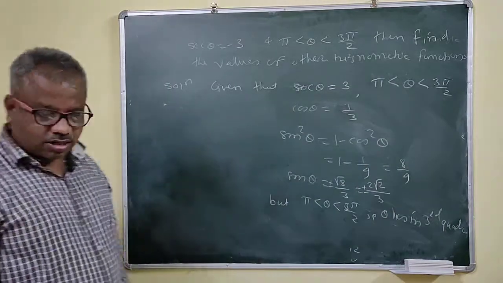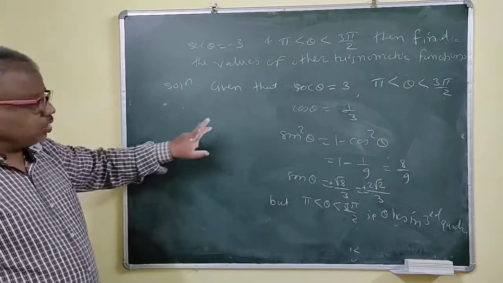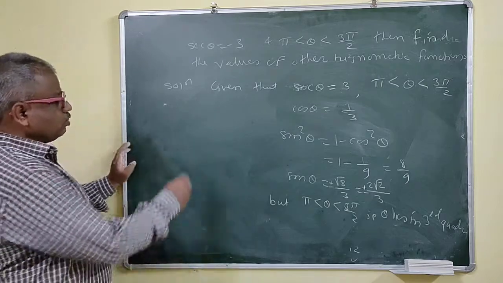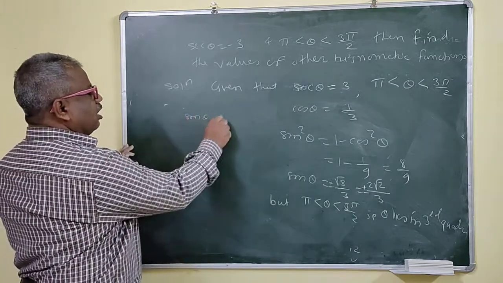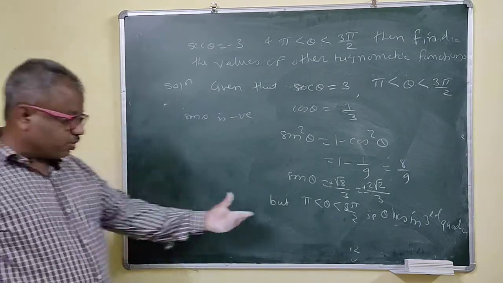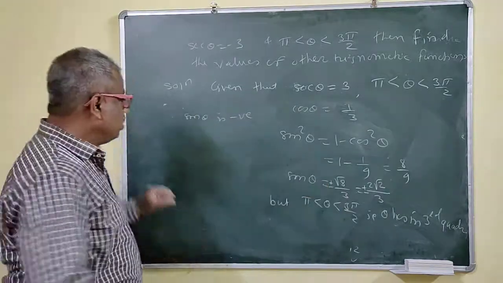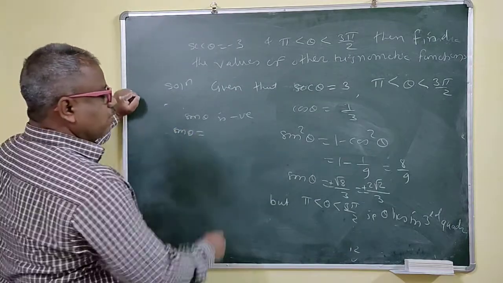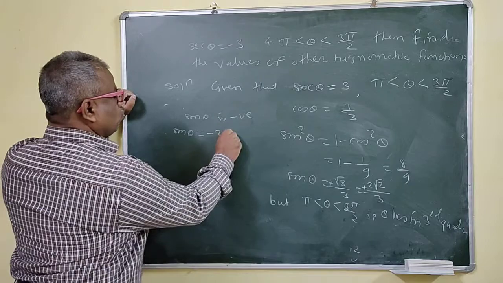Right? Theta lies in the third quadrant. In the third quadrant, sin is negative and cos is negative. So therefore, sin theta is negative. That means you have to take the negative value of this one. Right? So therefore, sin theta is equal to minus 2 root 2 by 3.